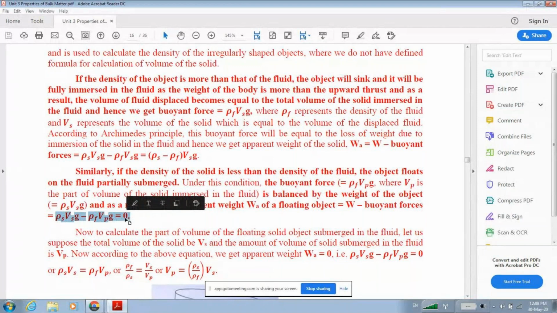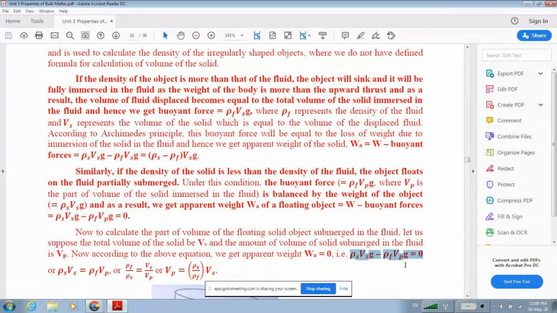So if you rewrite this equation, you will get apparent weight equal to 0, or rho s Vs g minus rho f Vp g equal to 0. Then g and g cancel.